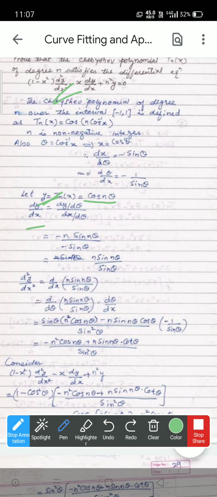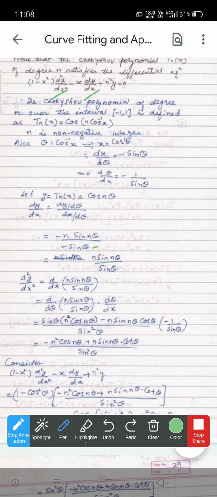The derivative of cos n theta is equal to minus sin n theta, and the derivative of n theta is equal to n. So minus n sine of n theta, and dx by d theta is equal to minus sine theta. So this is equal to n sine of n theta divided by sine of theta. Minus sign cancels. And this is how we find dy by dx.